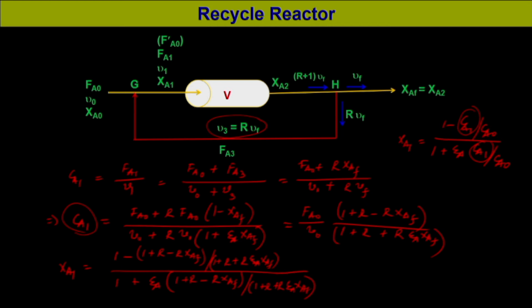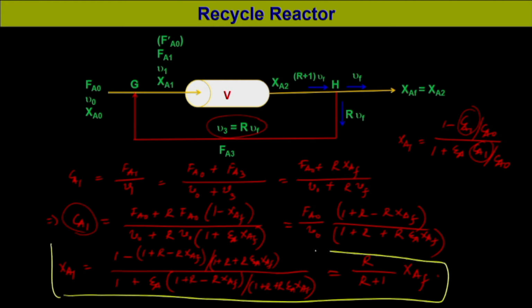And if we solve, this would be equal to R by R plus 1 into XAF. So we got the relation for XA1 which we need, and also we got FA naught dash. So both the relations we can put into the integral and then do the integrations.